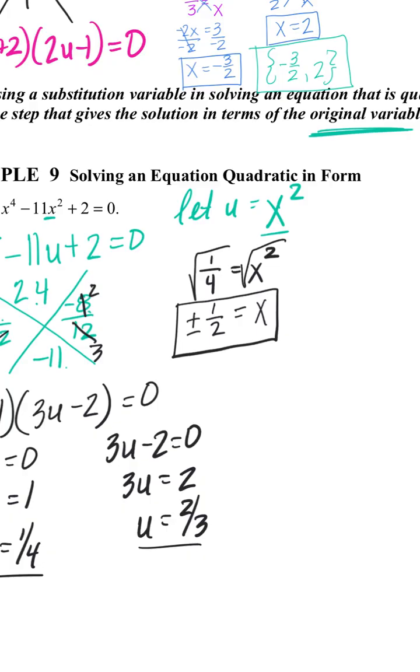Now I'm going to do the same thing here with the 2/3. So now 2/3 is equal to x squared. Take the square root of both sides. So plus or minus the square root of 2/3 equals x.